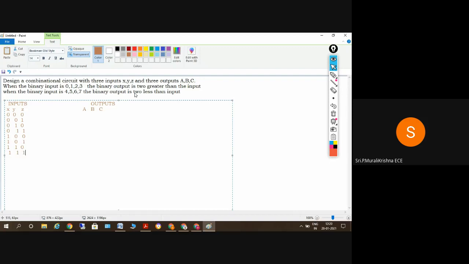Okay, so check the binary inputs here. For inputs 0, 1, 2, 3 it should be the present input plus 2. So it is 0, hence 0 plus 2 is 2, so output is 0 1 0. The second case is 1 plus 2, which is 3, so 0 1 1.